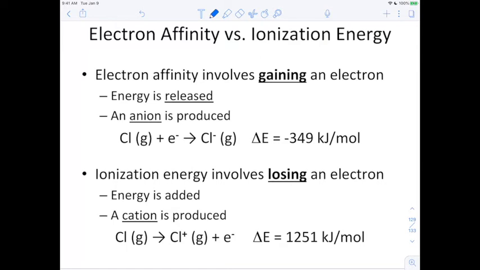So energy needs to be added. A cation is produced. And I talked over here about how that's negative right here, told us it was exothermic. That is, the electron affinity is exothermic. Ionization energy is positive, therefore what would we call something with a positive energy? Instead of exothermic, it is endo. There we go. Perfect. Endo as in energy needs to enter.